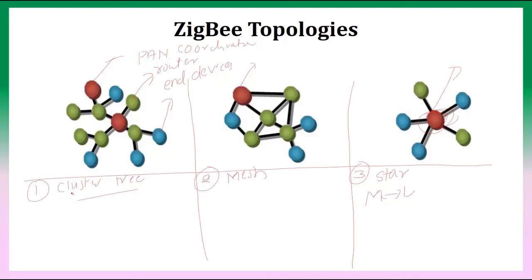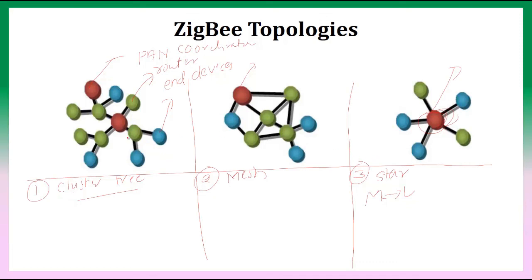Now if we look into the cluster tree, the cluster tree topology is quite similar to the star topology. The only difference is that other nodes can communicate with each other, so RFDs or FFDs can be connected to a non-coordinator FFD. The advantage of this topology is that geographical expansion of the network is possible.